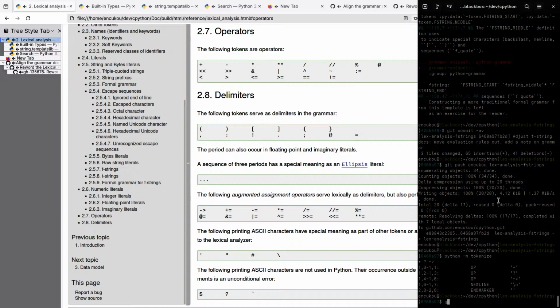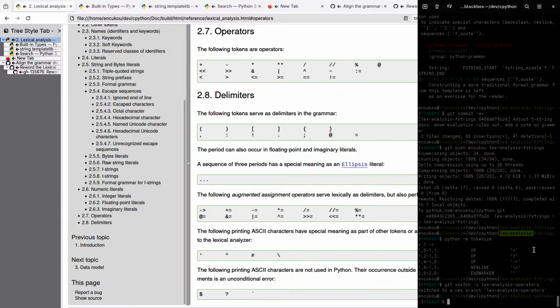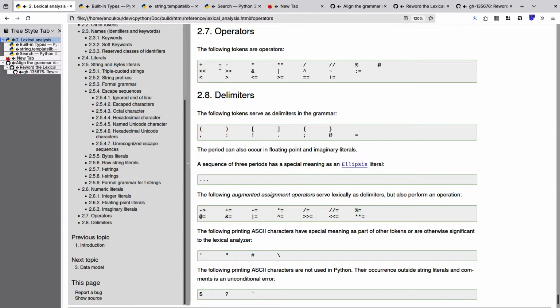I guess I do want to change something there. I want to merge these two sections because syntactically there's no difference between operators and delimiters.